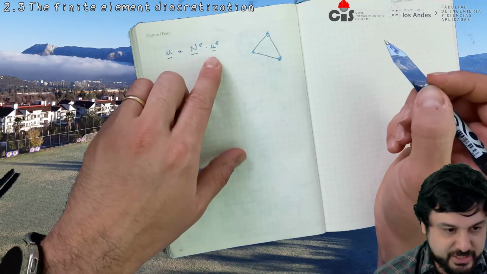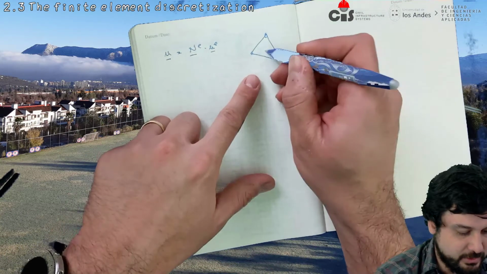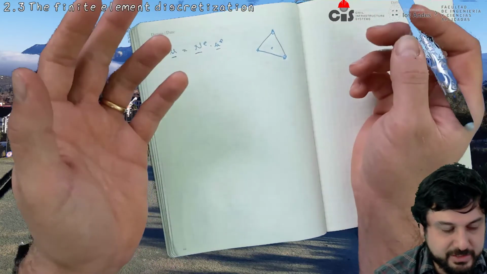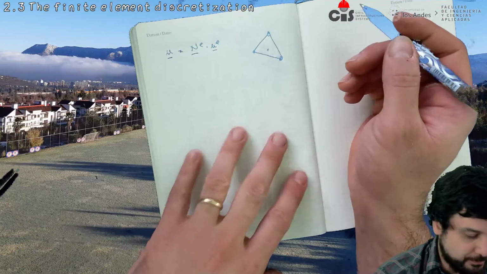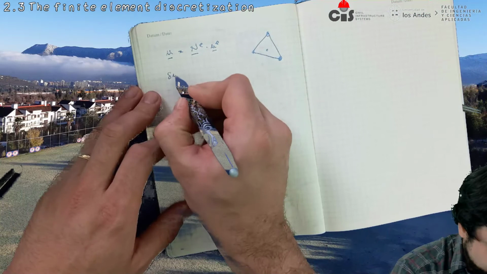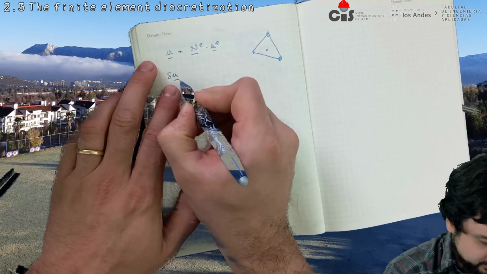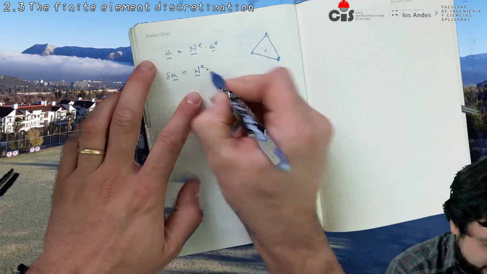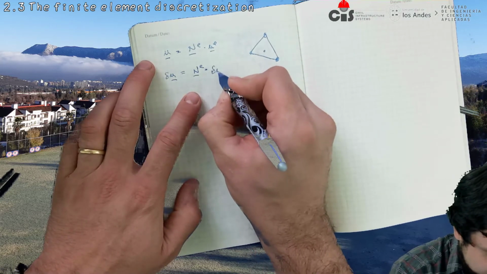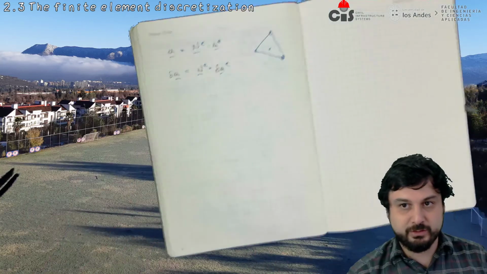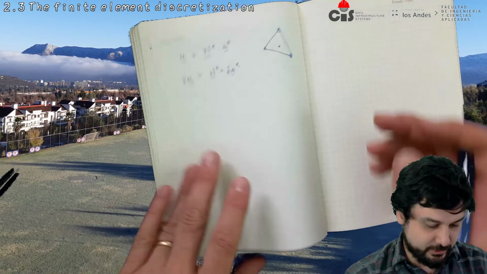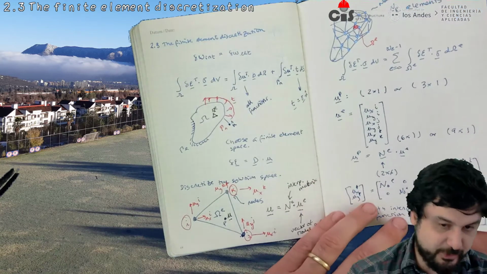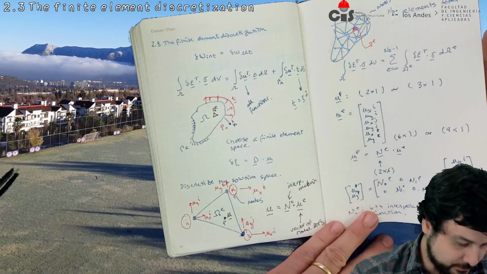Okay, they're just 6 values that define my solution, and whatever happens inside gets interpolated from that. So delta u, the virtual displacement field inside this element, is going to be the same interpolation matrix times some other values of the displacement field or the degrees of freedom. So virtual values, whatever you want.